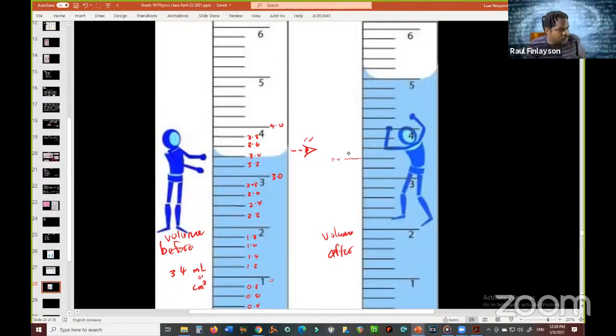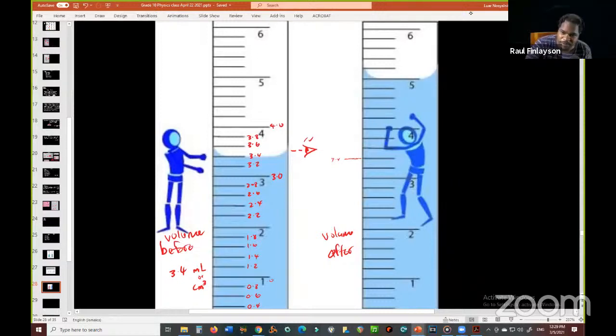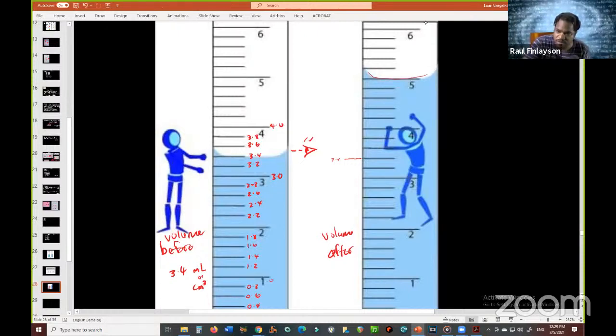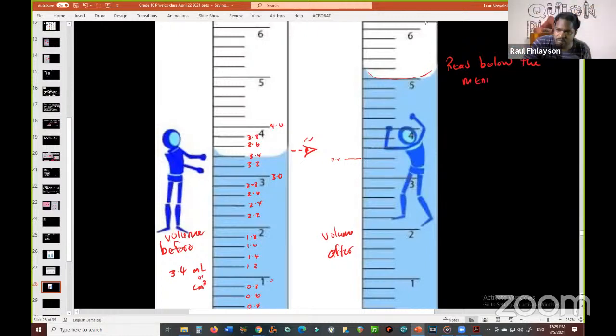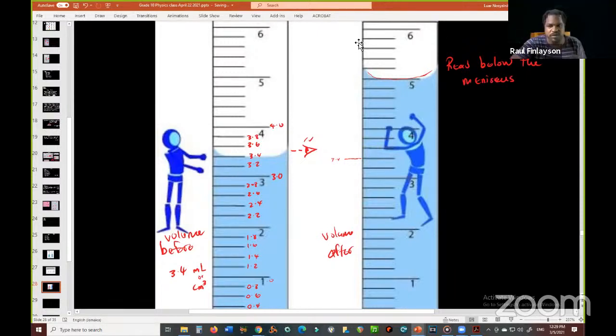Okay, so Percival is confirming Ronaldo's reading of 5.0, and for the rest of you who are not sure, that's indeed correct. Because again, the rule says that we read from below the meniscus. And right here is the meniscus. Read from below it. So remember that important rule: read below the meniscus. That's the rule.